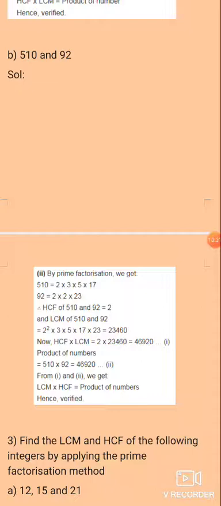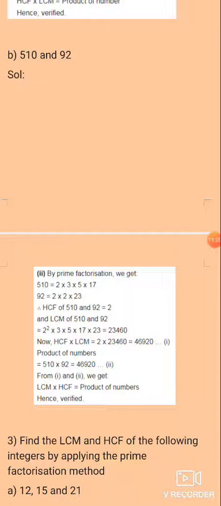So 2 square into the next prime factor 3, the next prime factor 5, then 17 into 23. So consider all the prime factors with their greater power. The greater power of 2 is 2 square.